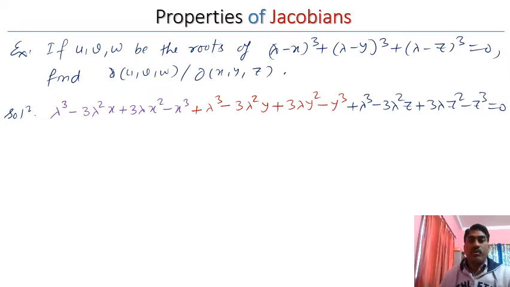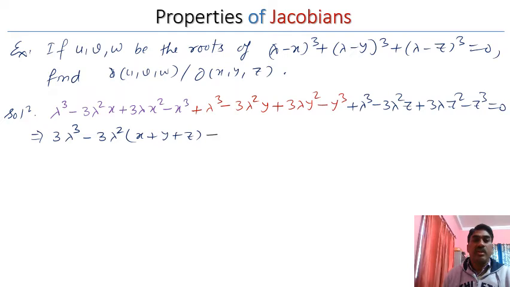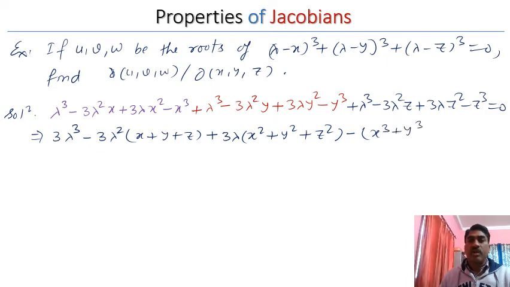So this is a polynomial in terms of lambda. So collect the equal powers of lambda, meaning organize this in powers of lambda. So we will get 3 lambda cube minus 3 lambda square (x plus y plus z) plus 3 lambda (x square plus y square plus z square) minus (x cube plus y cube plus z cube) is equal to 0.